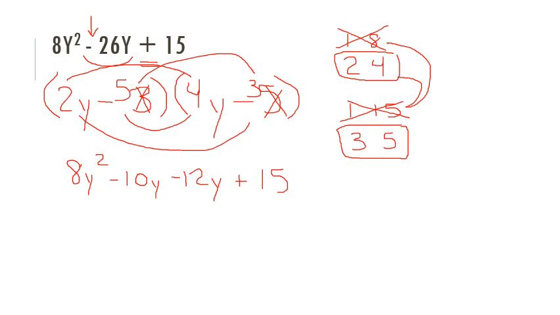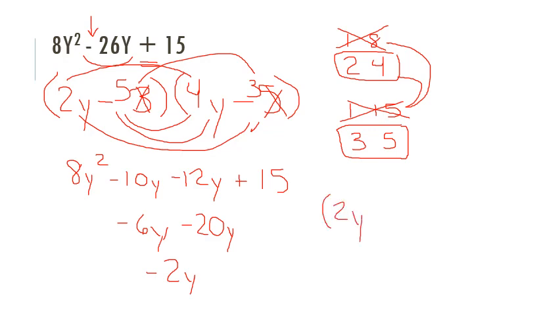Now my outside terms are 2 times negative 3, that's negative 6y, and my inside terms are negative 5 times 4, or negative 20, and I can see right away that these are going to combine to make negative 26y. So I'm going to keep these factors. I ended up with 2y minus 5 times 4y minus 3.